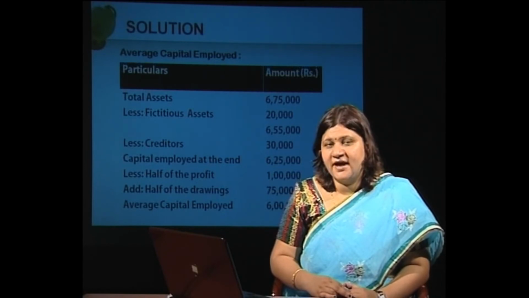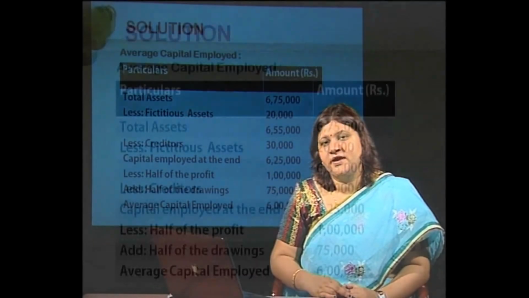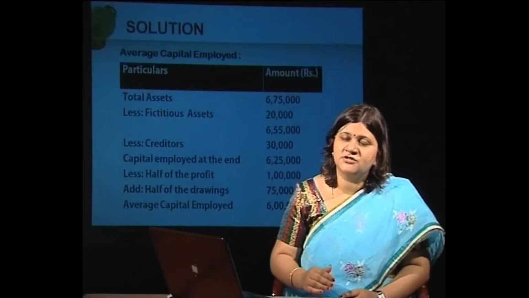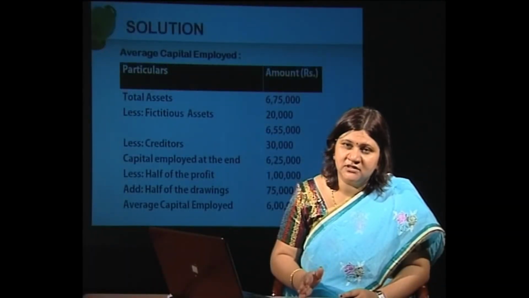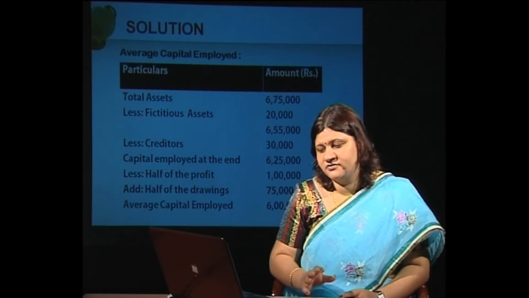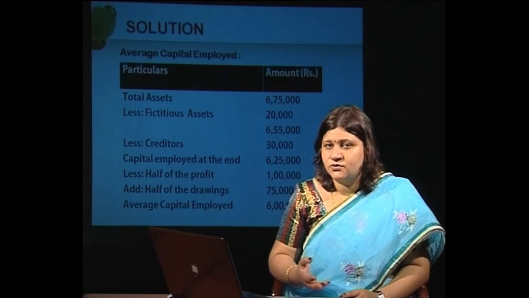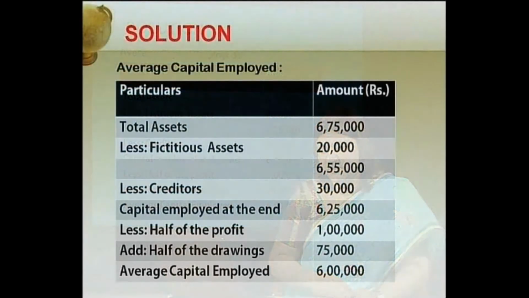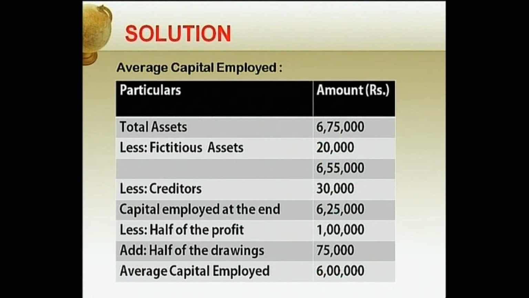So, we will subtract half of the profit; the profit given is 2 lakh and its half is 1 lakh. So, out of 6,25,000 we have reduced 1 lakh and we have added half of the drawings. The drawings given in the question are rupees 1,50,000 and its half is 75,000, which is added to the closing capital. So, we are with the figure of average capital employed of rupees 6 lakh.